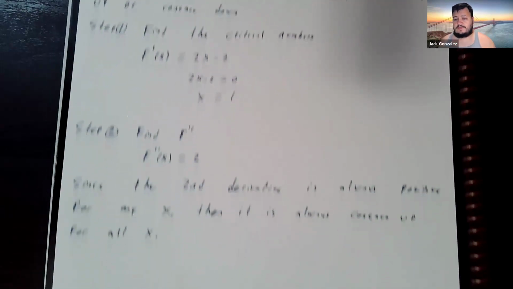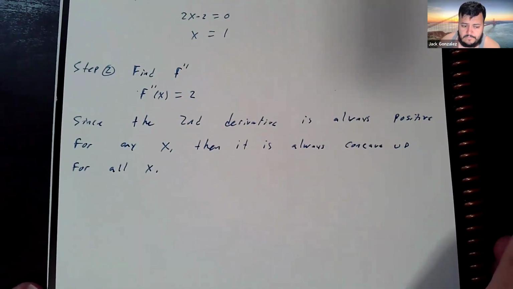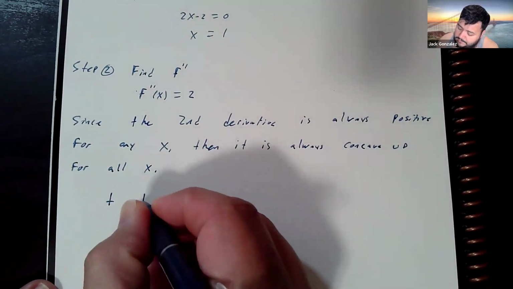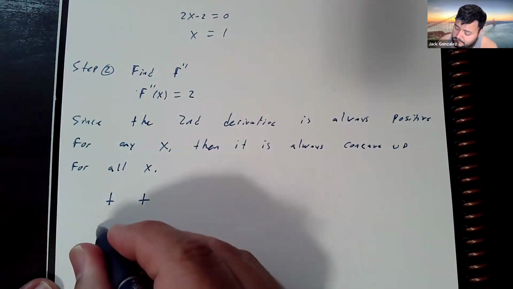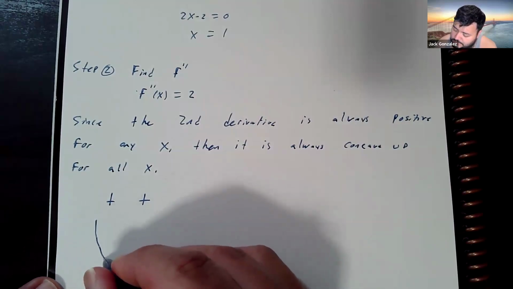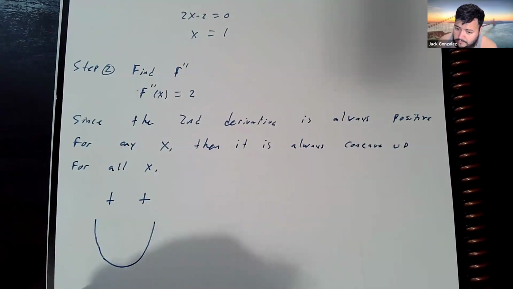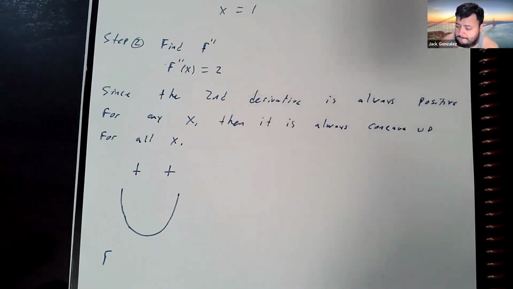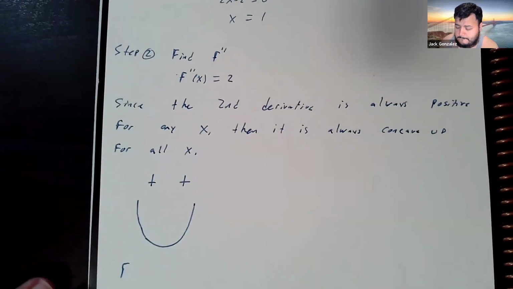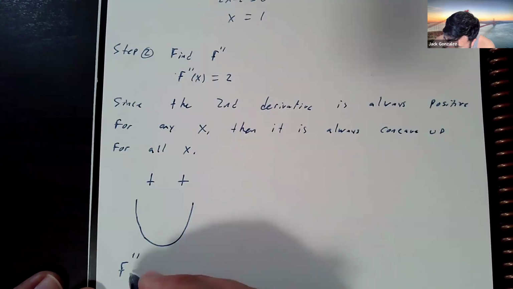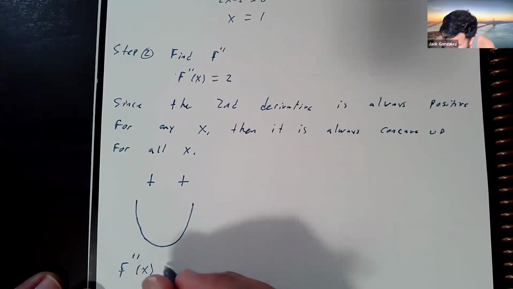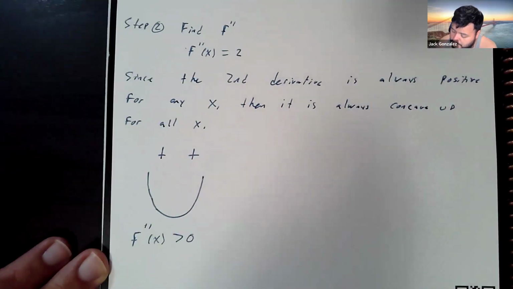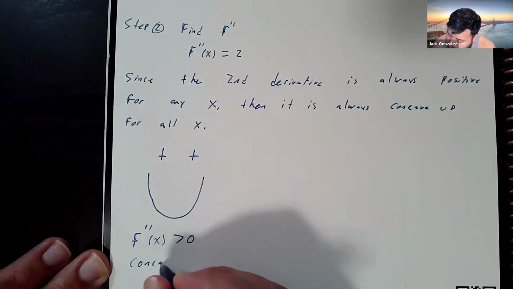That's a little redundant. I just want to make the point. So basically, here's an easy way to remember. If you get a positive on your second derivative when you plug in a number, then that means concave up. So if the second derivative for some x is greater than 0, concave up.